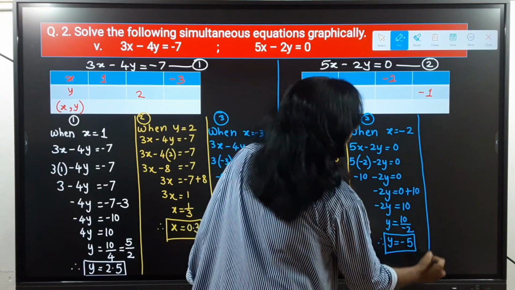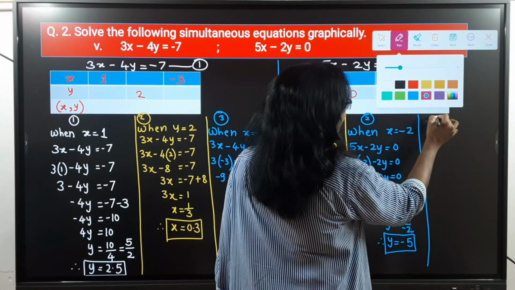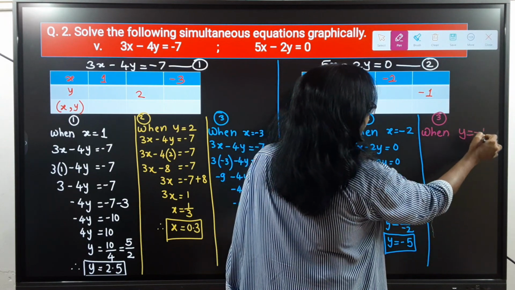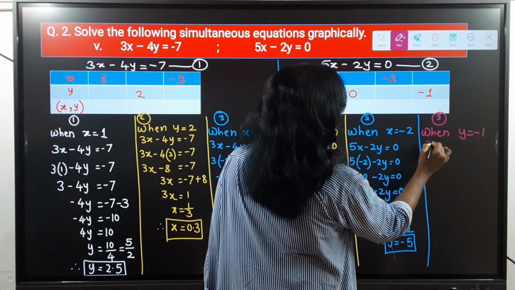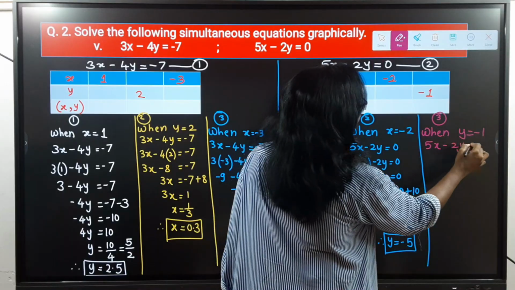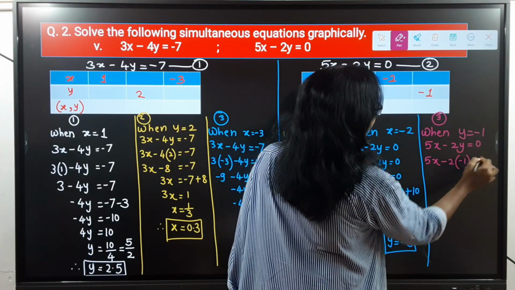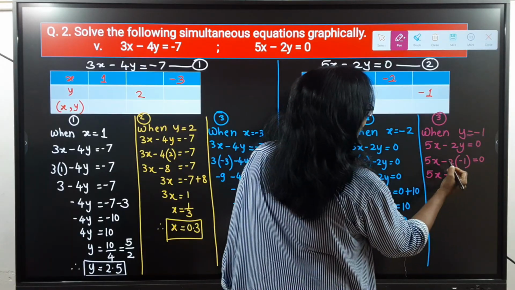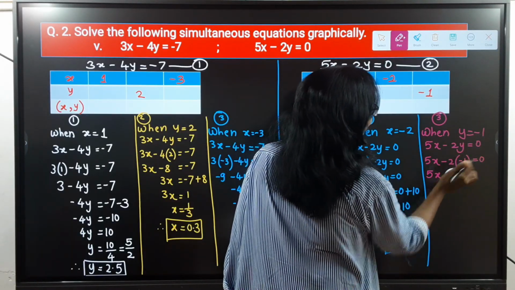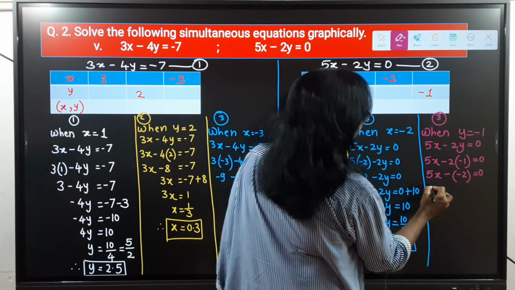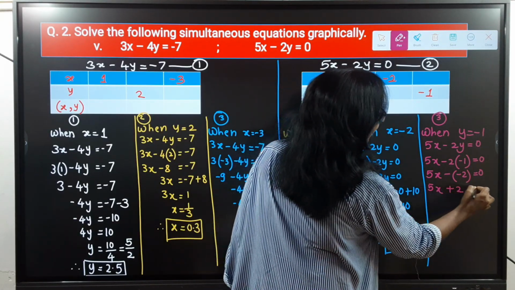So now here for the third value, students, we consider y is equal to minus 1. The given equation is 5x minus 2y is equal to 0. So 5x minus 2 multiplied by minus 1 is equal to 0. Therefore 5x here plus 2. So here we can say minus 2 times minus 1 is plus 2, and 5x plus 2 is equal to 0.